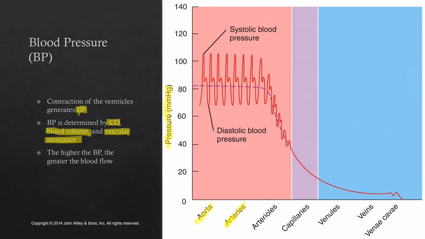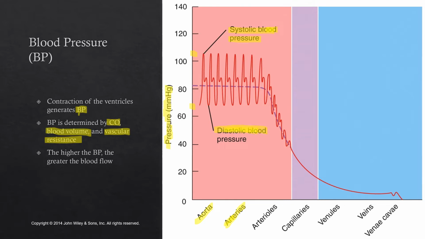Now, in a resting young adult, your blood pressure rises to about 110 millimeters of mercury during systole. This is going to be your systolic blood pressure or ventricular contraction pressure, and it's going to drop to about 70 millimeters of mercury during diastole.